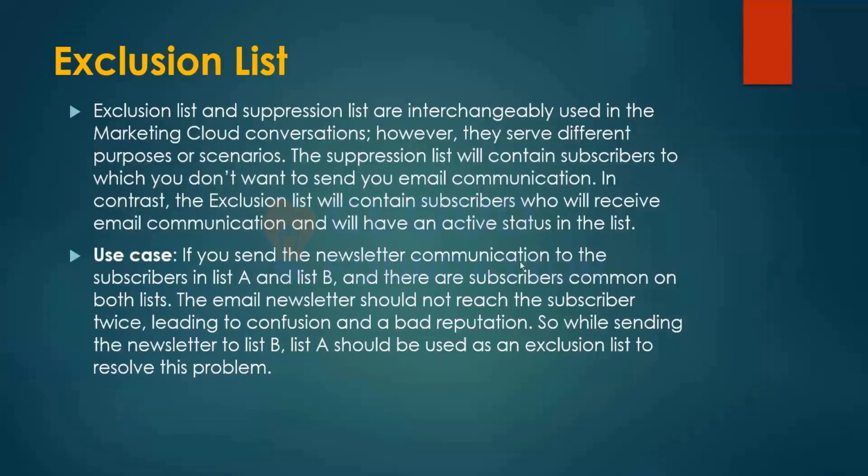If you send a newsletter communication to a subscriber list, and there is a common email ID in another list, what happens? If you send mail, it will go to the list.